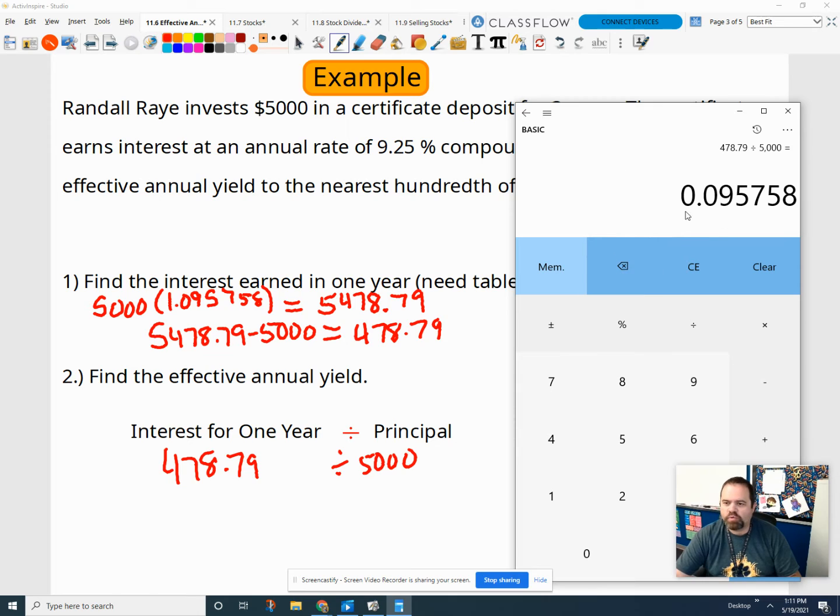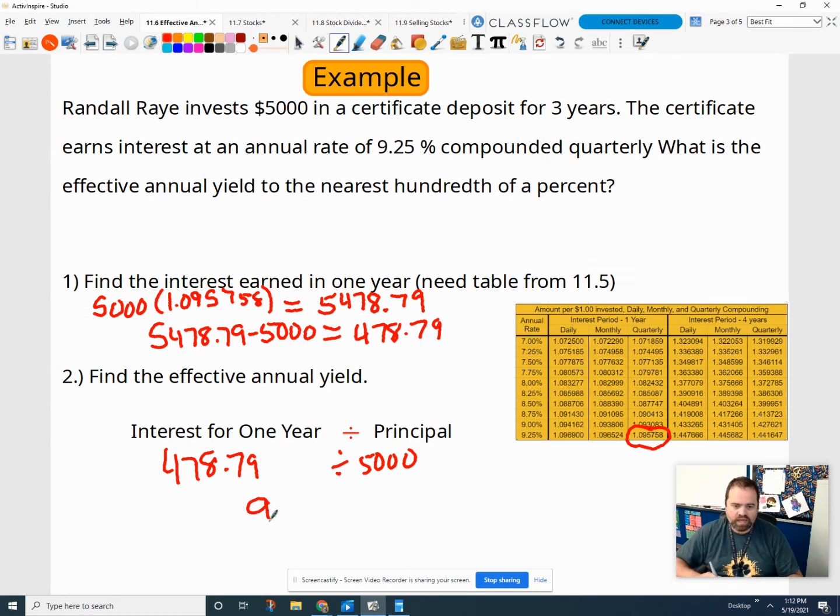That is 0.0957 and so on. I'm going to turn this into a percent by moving the decimal 2 places to the right, between the 9 and the 5. Then I'm going to round to the nearest hundredth of a percent, so these are actually going to have 2 decimal places. That's 0.0958, so 9.58%.